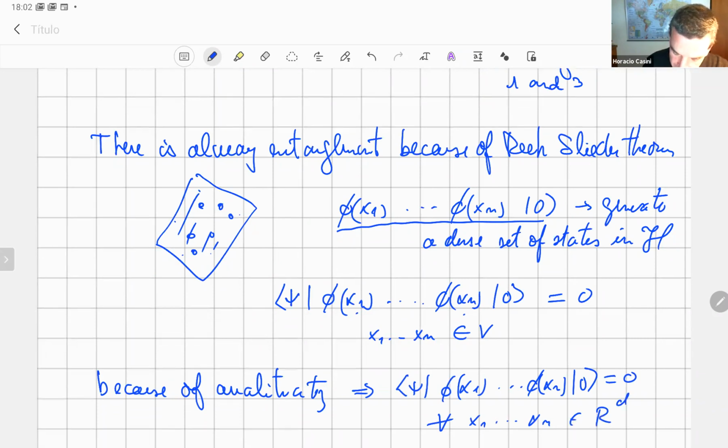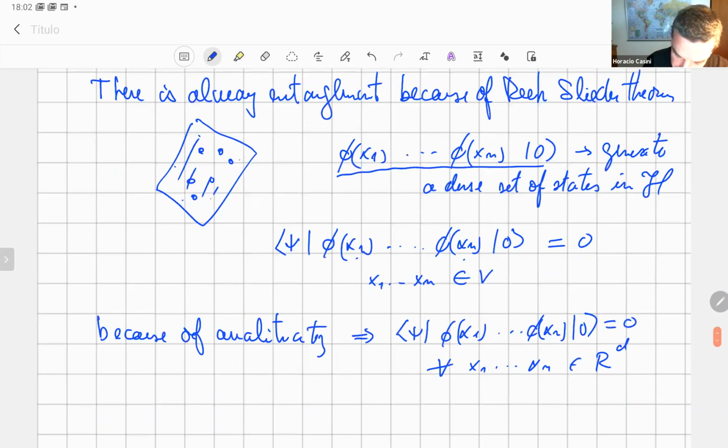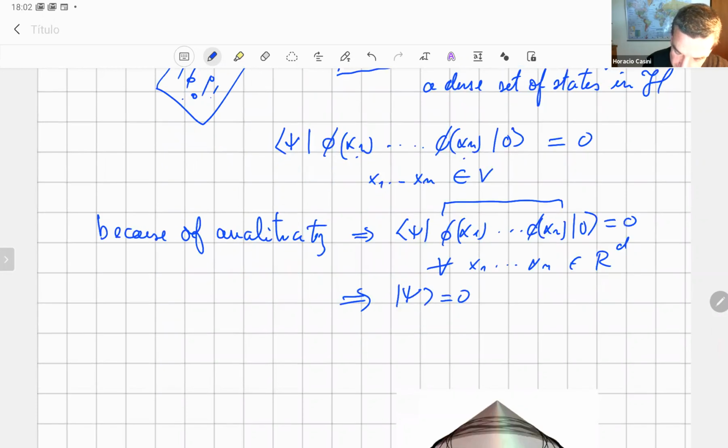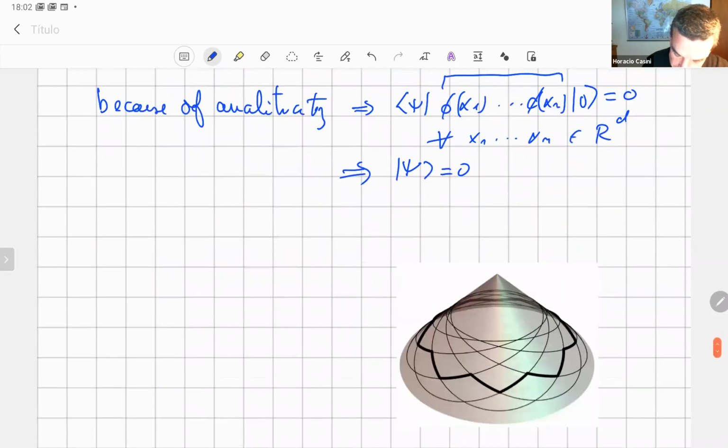So then it must be the case, because by definition the Hilbert space is generated by the field operators acting on the vacuum for all points of space-time, that phi is just 0. So this is the way the Reeh-Schlieder theorem works.